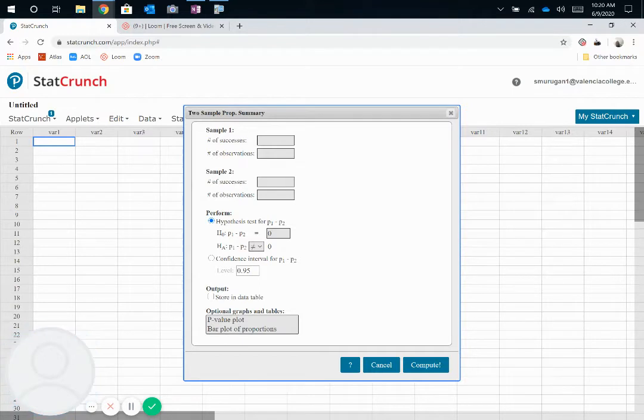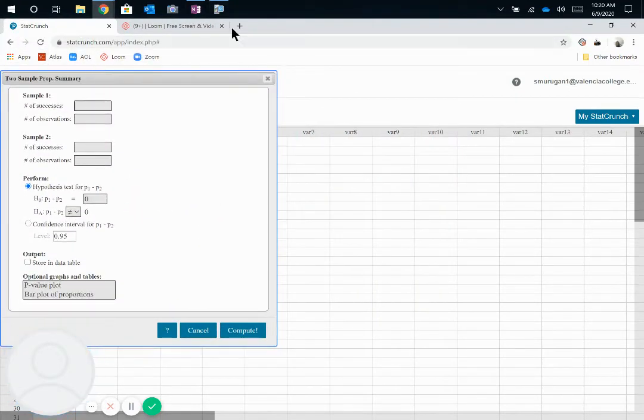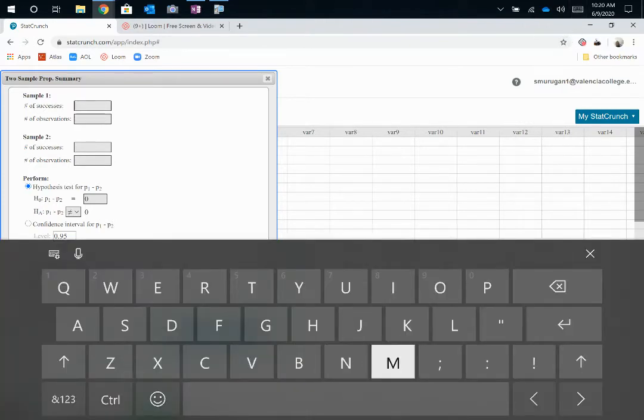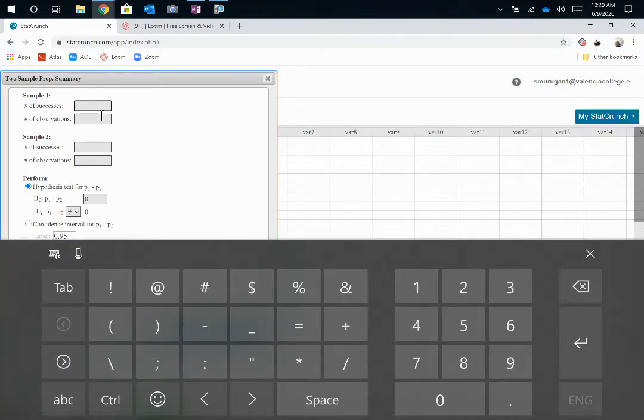Okay, so now we're going to type in the two proportions that we have. The first one was 71 out of the total number, 3,213.